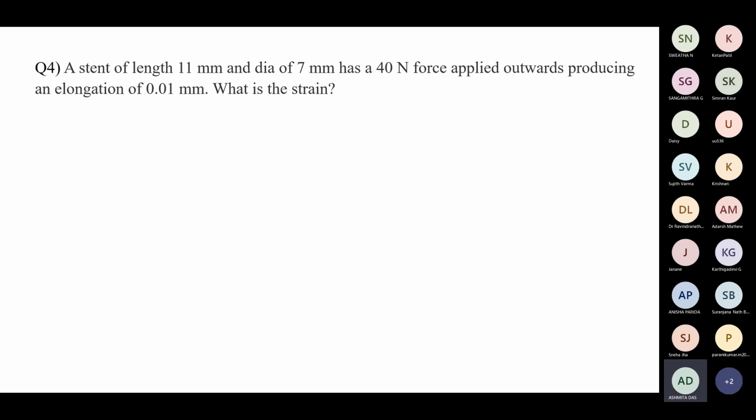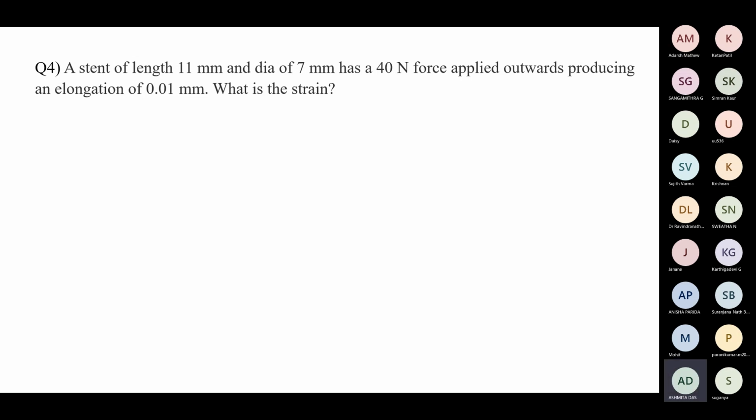So as per the question, the initial length of the stent, that is L, equals 11 millimeter, which is mentioned in the question. Whoever got the answer, please raise your hand, I will ask them.